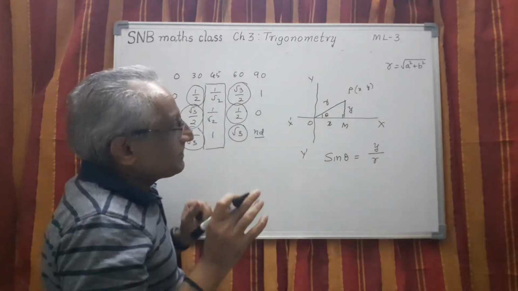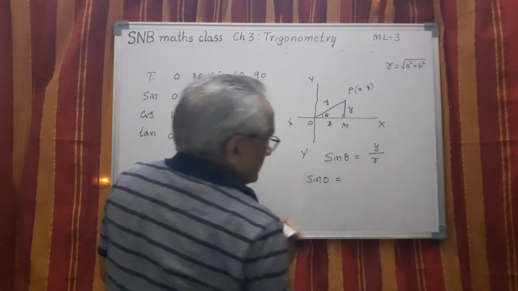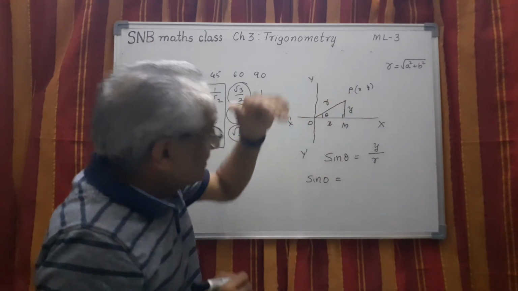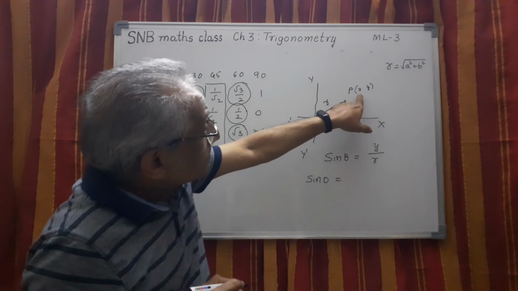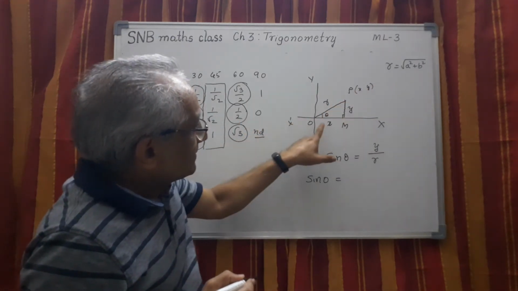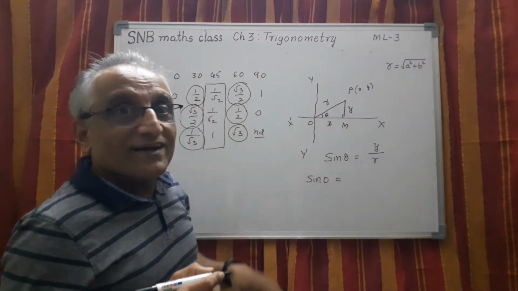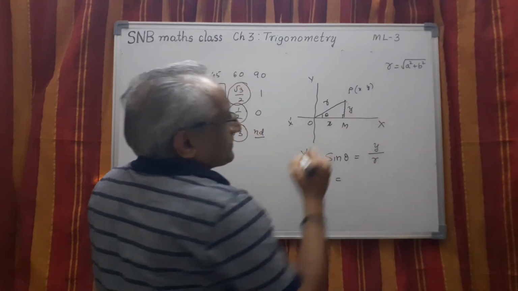It is very simple. Therefore, sine 0 will be equal to, when this OP lies on x-axis, coincides with x-axis, what will happen to x and y? Just think. So this x will be same as this r, because it comes like this.